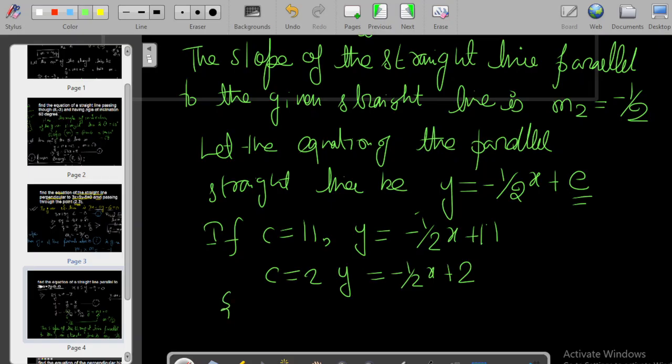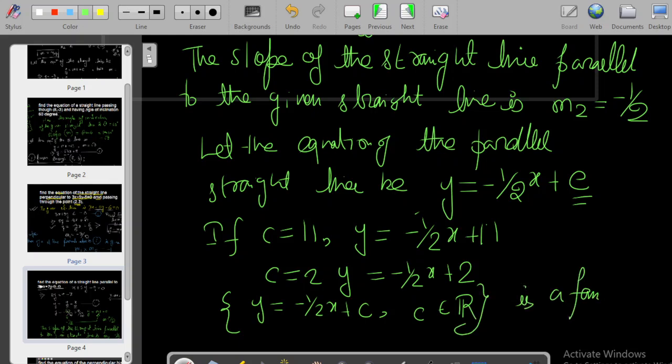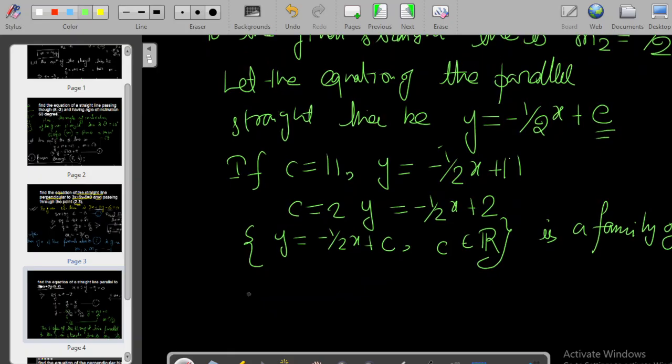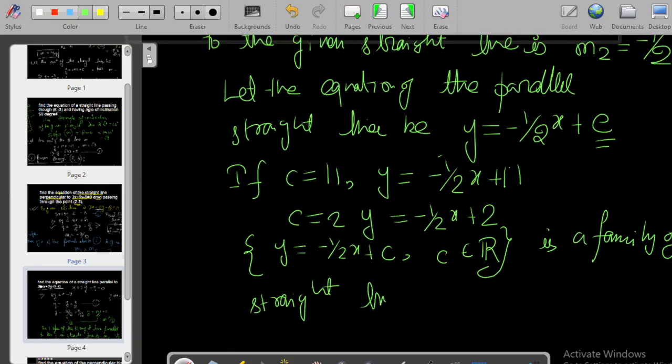So we can say y equals minus half x plus c, where c is a real number, is a family of straight lines parallel to the given straight line.